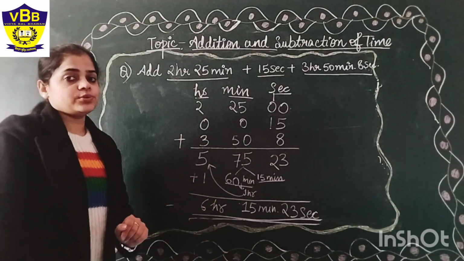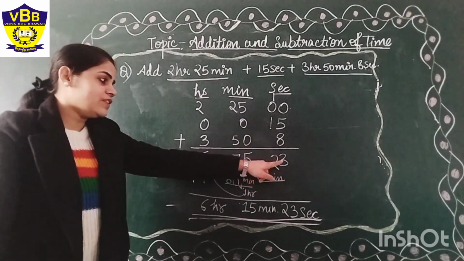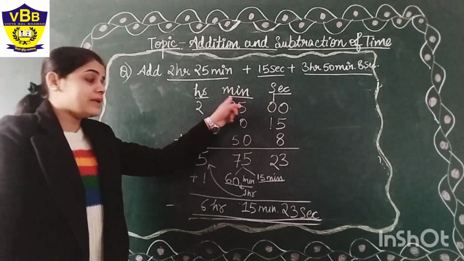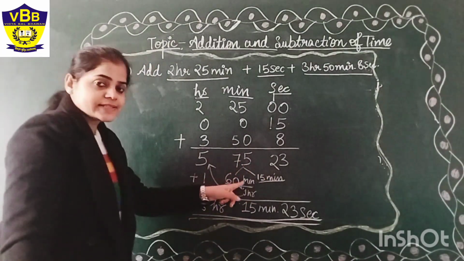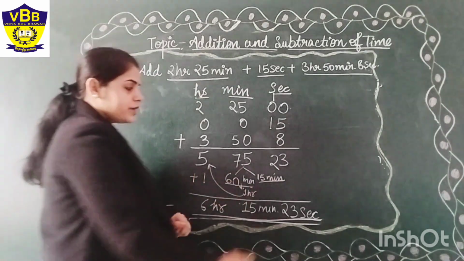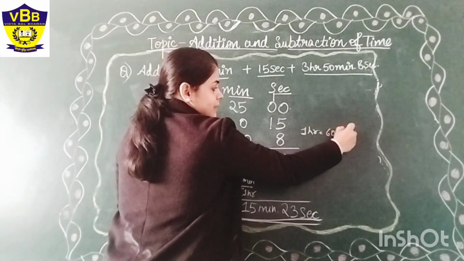Like this, we will do the addition. First do the normal addition, and then if the number is unusual, beyond 60 in seconds or minutes, we will split it like this: 60 minutes plus 15 minutes. This 60 minutes can be converted into 1 hour, since 1 hour is equal to how many minutes?